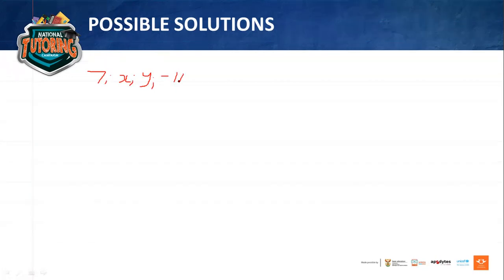All right. So the first thing that we know is the following. We've got the first term. The 7 is our first term. So if you like, you can just say a is equal to 7. That's the first information that is given to us. And we also have the fourth term, which is minus 11.